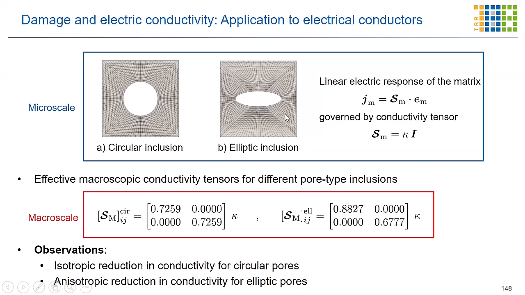When the current flows in Y direction, it encounters a large interruption. And when it flows in the X direction, comparatively, the interruption is less. This example summarizes the idea of using electrical resistivity or conductivity as a damage indicator, because we are seeing, due to the nature of the voids in the microscale, different conductivity values on macroscopic measurements.